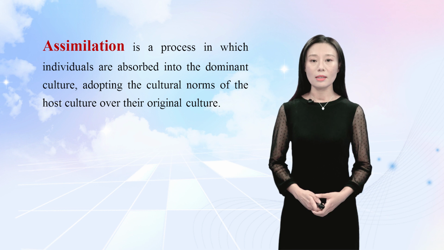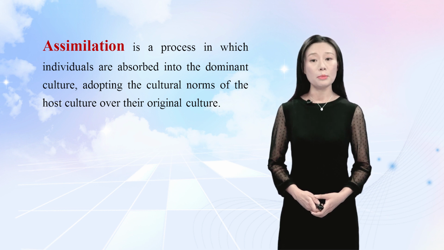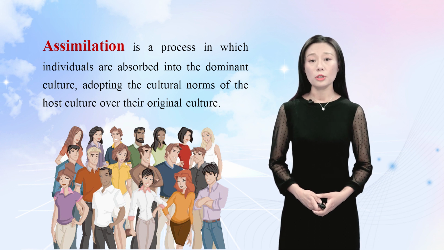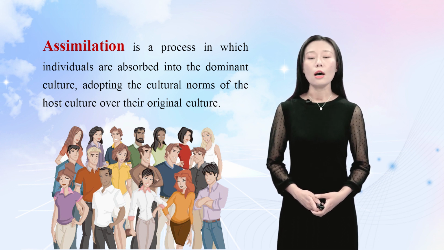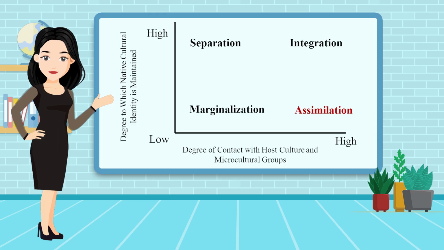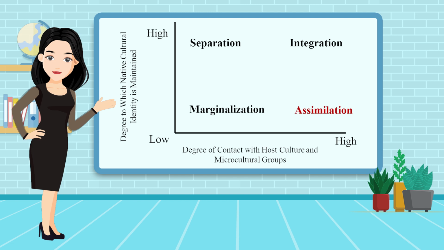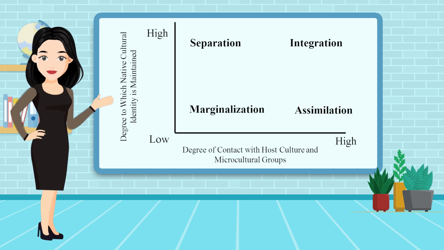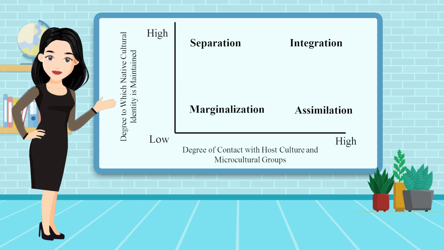Assimilation is a process in which individuals are absorbed into the dominant culture, adopting the culture norms of the host culture over their original culture. In this case, individuals lose their original cultural identity as they acquire a new identity in the host culture.